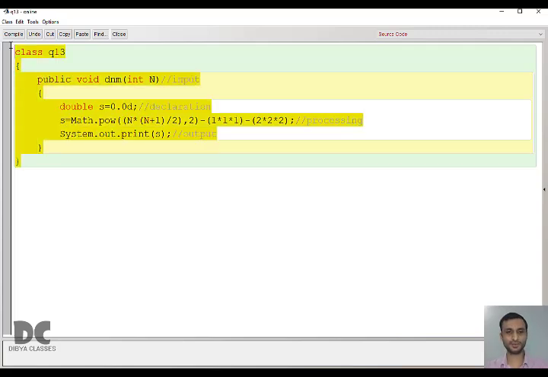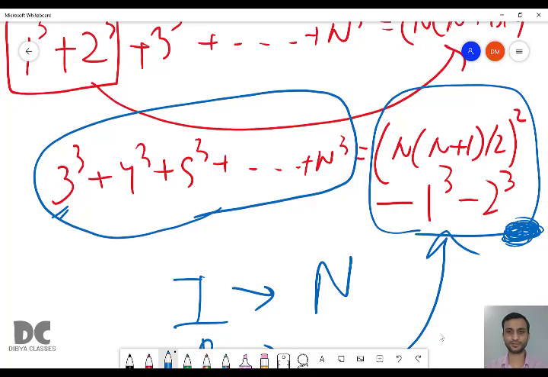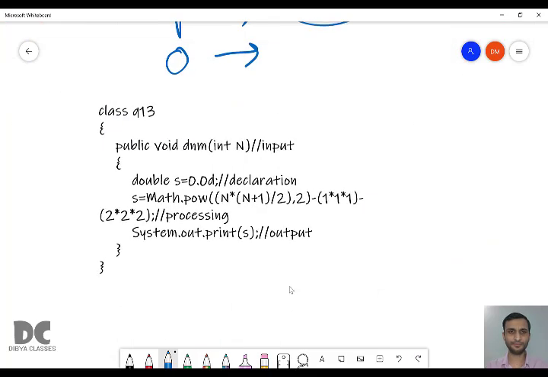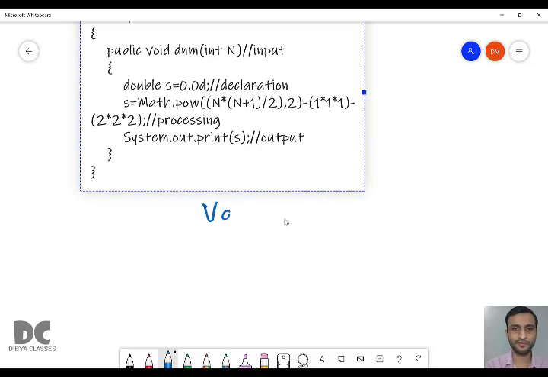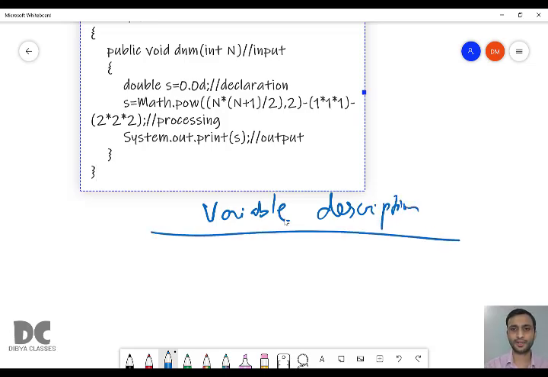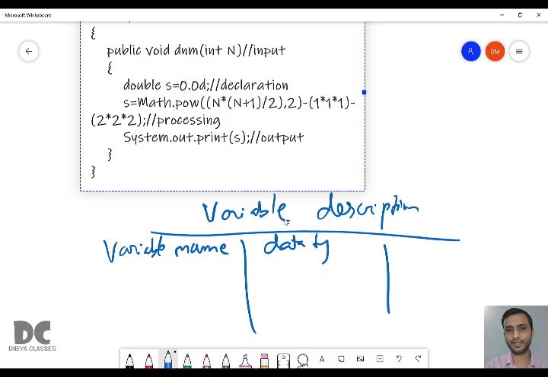Next our job is to write the variable description. So we have written the program. Now we'll write the variable description. First you have to give the heading variable description. It will have 3 columns. Variable name, data type, and remarks.